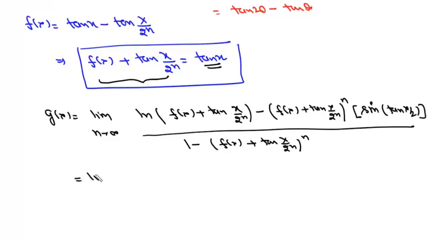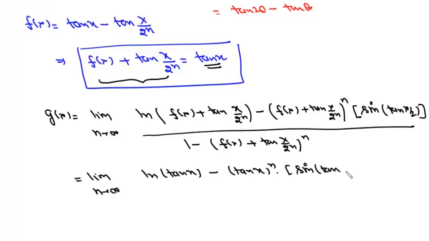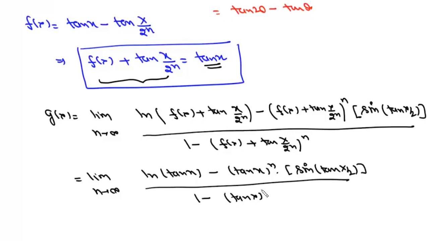Now we know that f(x) plus tan x upon 2 to the power n is nothing but tan x. So it will be this limit n tends to infinity, log tan x minus (tan x) to the power n into greatest integer function of sin(tan x by 2), upon 1 minus (tan x) to the power n, when x is unequal to pi by 4, and g(x) is equal to k at pi by 4, that means g(pi by 4) is equal to k.